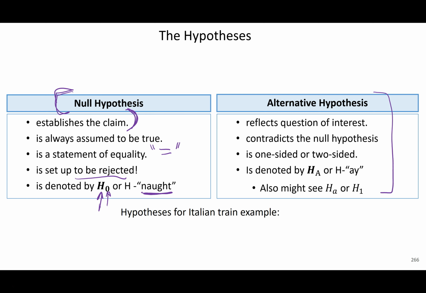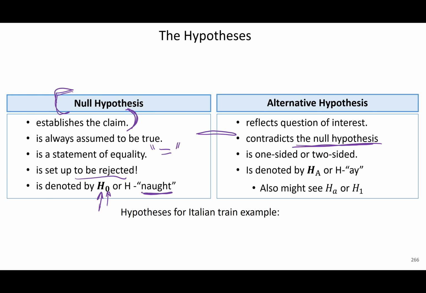Then there's the alternative. This alternative hypothesis usually is related to what we're interested in finding. Do we think the average is higher than some claimed amount? Do we think it's different than? That kind of idea. So it's going to contradict the null hypothesis. Not only that, it's going to contradict in a way that only one of them could be true at a time.